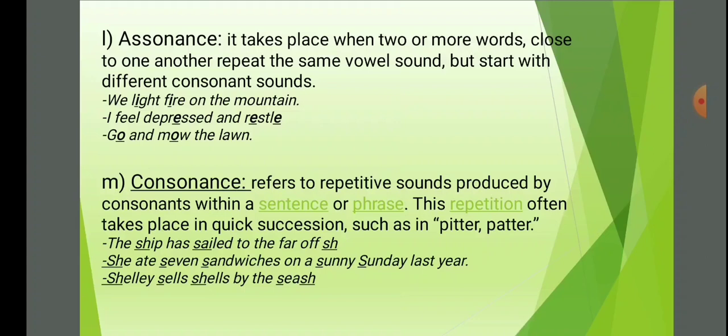We light fire on the mountain. It is starting with different consonant sounds. Light, fire. Here the letter I is used. Light, fire. The sound of a vowel is more. Same vowel sound, it is assonance.